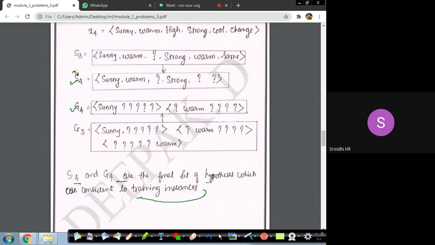This is my final hypothesis which I can expect here. See, this is your most general and most specific hypothesis which you can expect here. Okay, so this is the concept I had thought of explaining with respect to the candidate elimination algorithm and also the Find-S algorithm.